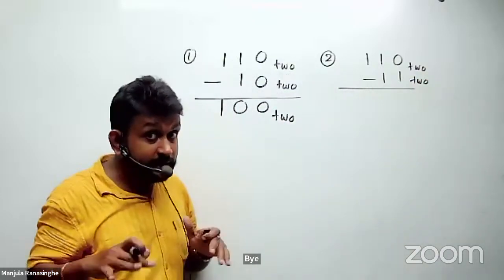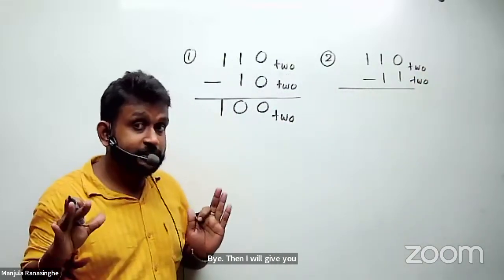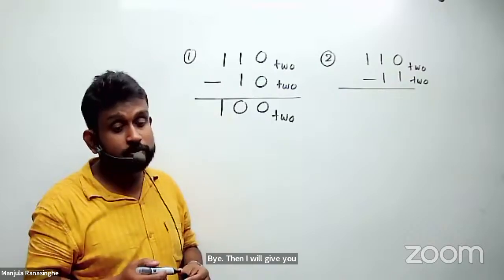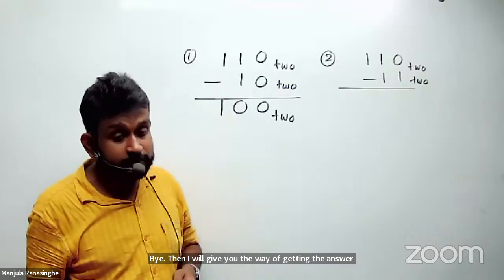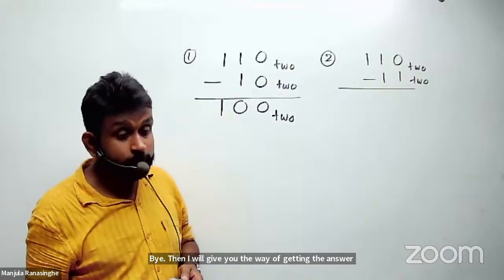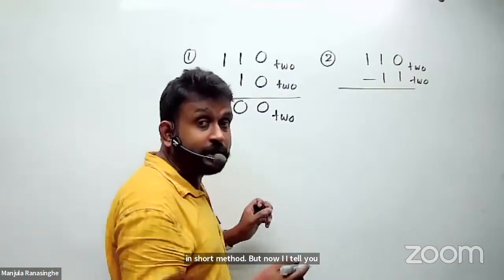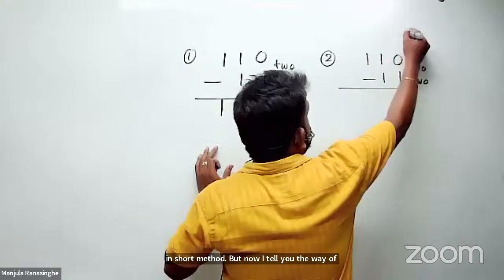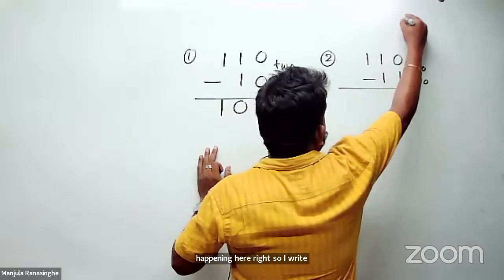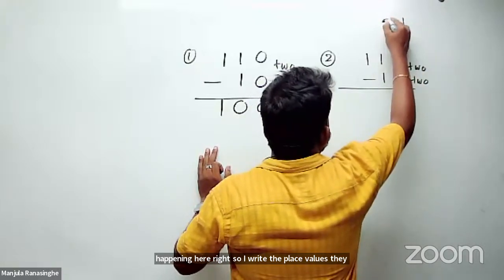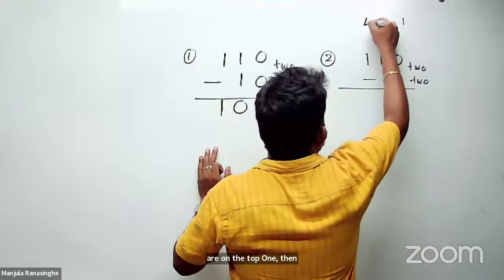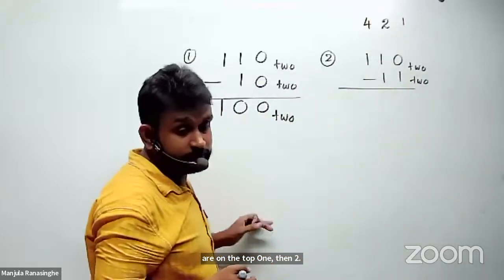Right? Then I will give you the way of getting the answer in short manner, short method. But now I tell you the way of happening here. Right? So I write the place values there on the top. 1, then 2, and here 4. Okay.